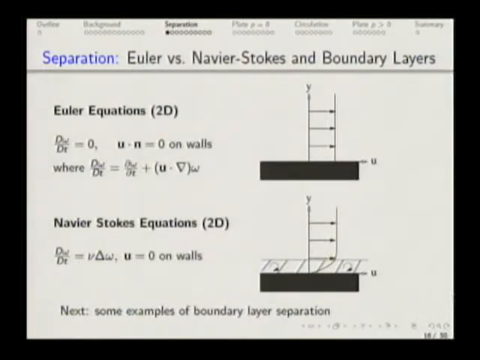Whereas in the Navier-Stokes equations, I have a second order derivative showing up over here in the diffusion. I need a second boundary condition, and the correct boundary condition is that the second component of velocity is also 0. So for the Navier-Stokes equations, your velocity must be 0 at the wall if the wall doesn't move. Otherwise, it must move with the wall velocity.